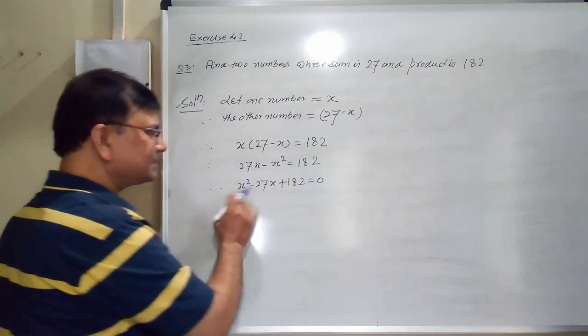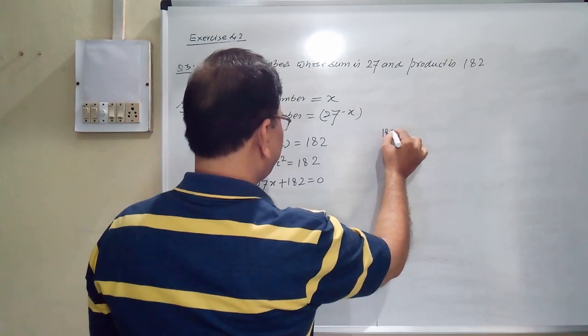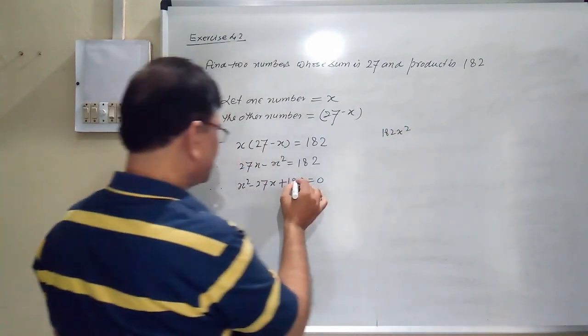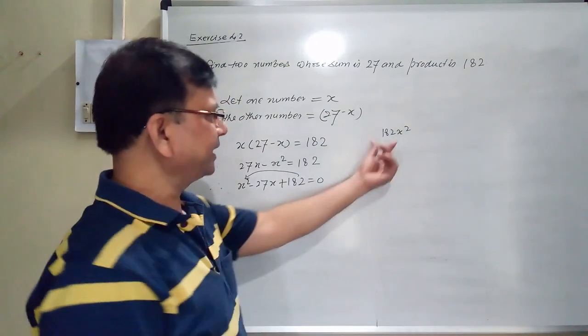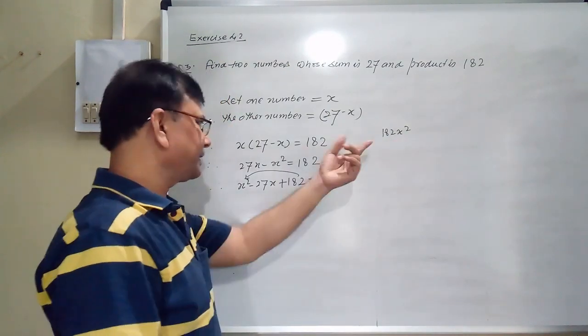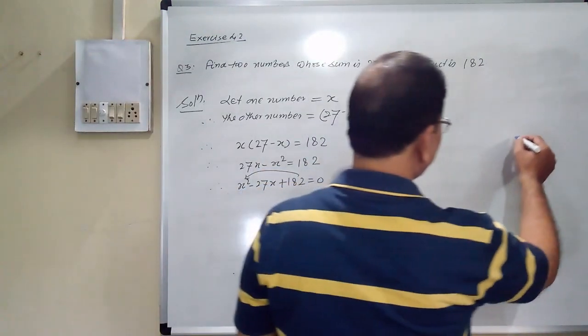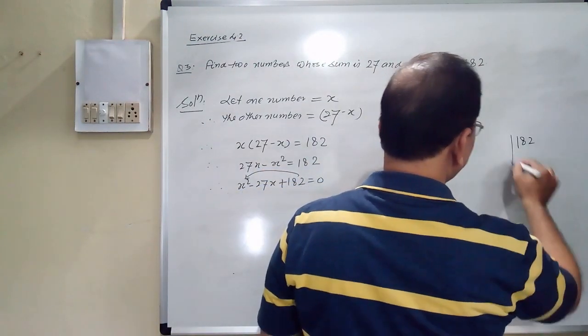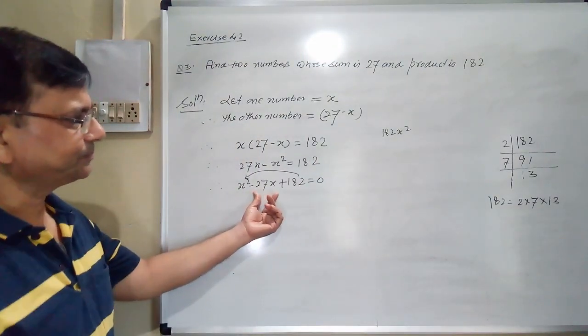We will multiply these two, that is 182x square. Then for factorization, we need factors of 182 such that the product is this much and the sum is minus 27. So factors of 182 we will see. What is required? 27.